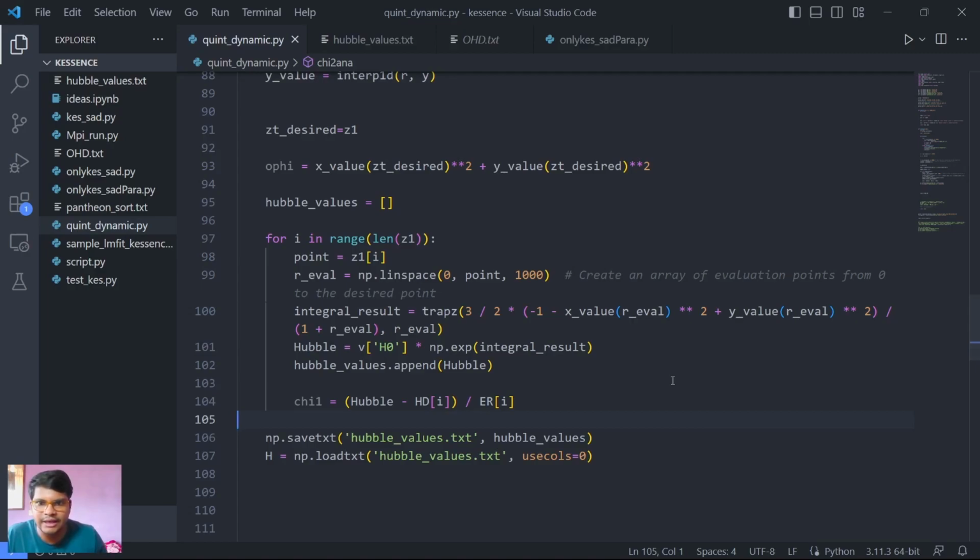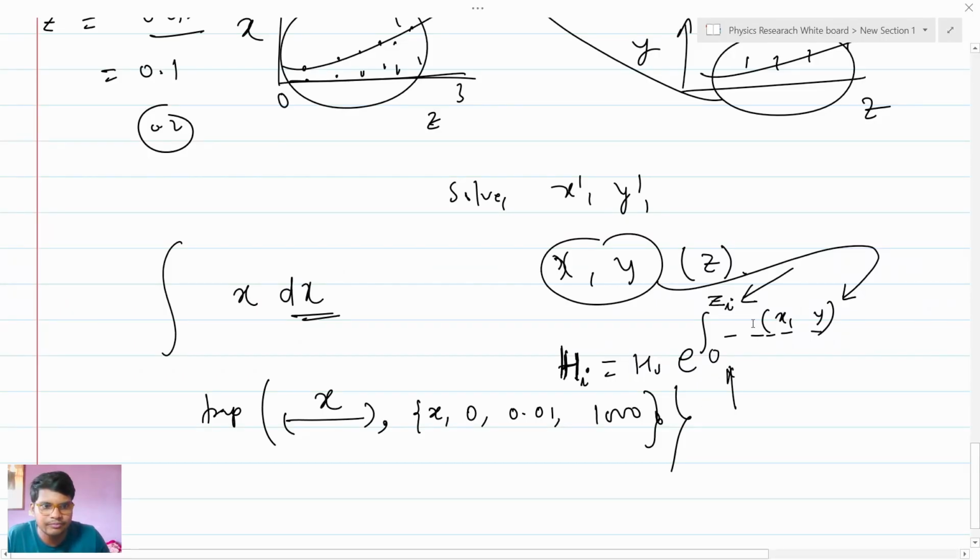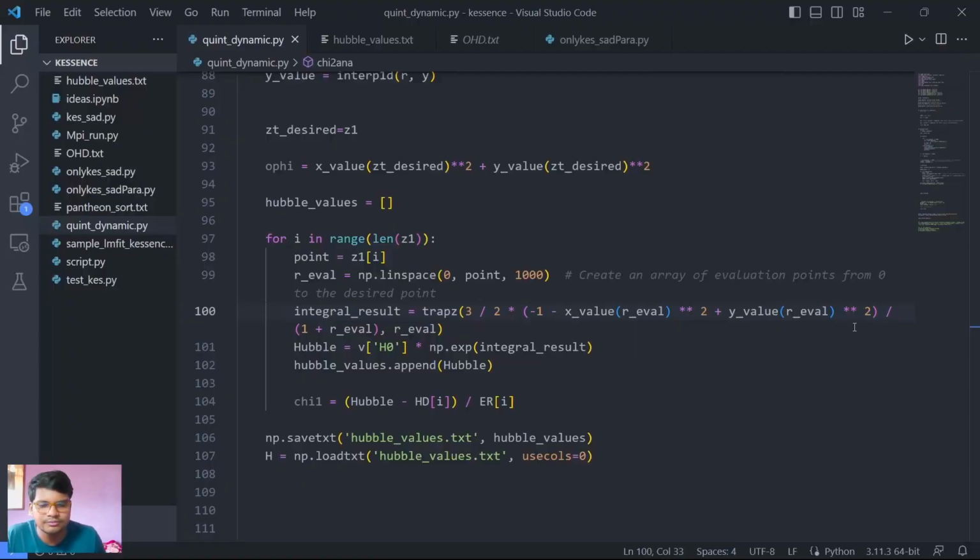So what I'm saying is the integral result is equal to trapz. This is the function in which I am writing everything which is after the exponential one. Okay, 1 plus the r evaluation, because it's already there inside the exponential one, correct? And then there is the r evaluation. It says that you have to go for 0. It will automatically understand that the value is basically z, because in numerical work it does not care about what is x, y, z.